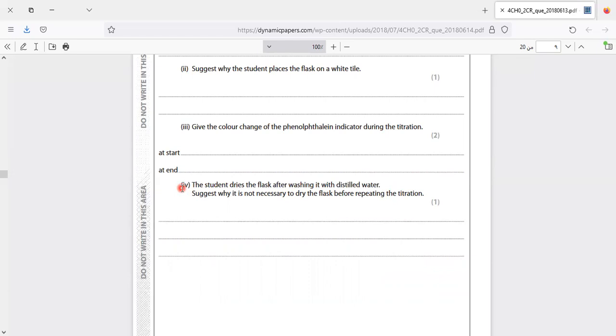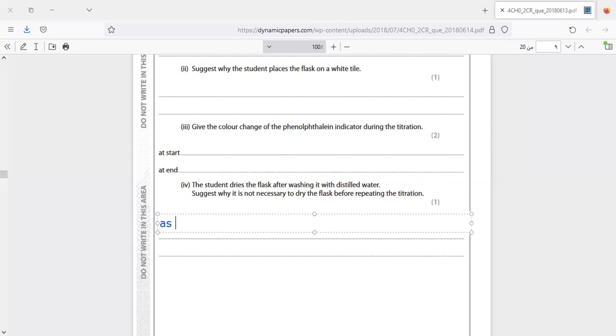If I wash the flask with distilled water, no need to dry it if I need to repeat the titration, because the water doesn't affect the number of moles of sodium hydroxide present. Maybe you say because water particles will not affect the titration result, because this is distilled water, free of salt.